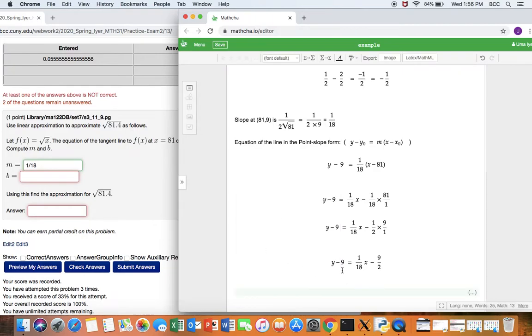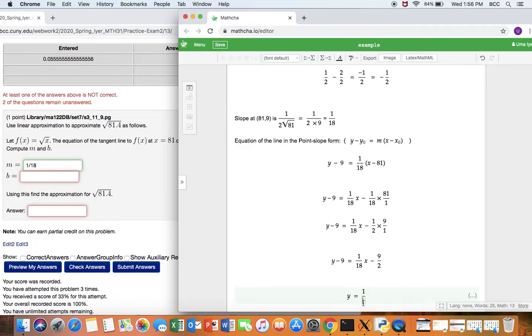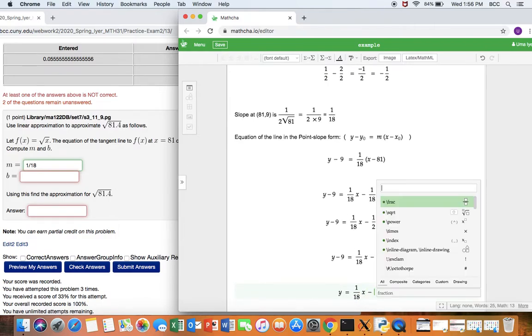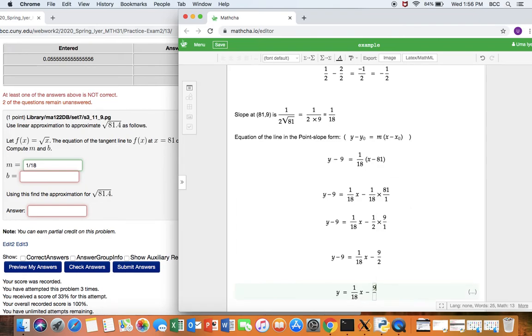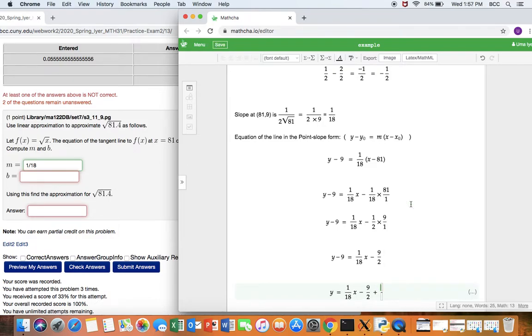I need to solve for y, so get the negative 9 to the other side. y equals fraction 1 over 18 x minus fraction 9 over 2 plus, I'll say add a 9. So let me say fraction 9 over 1.